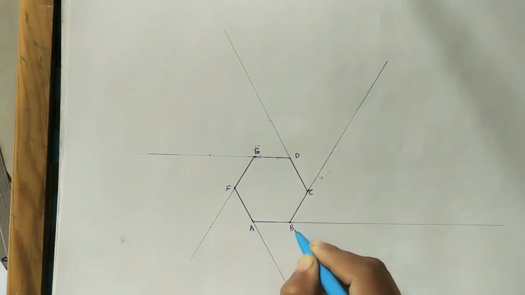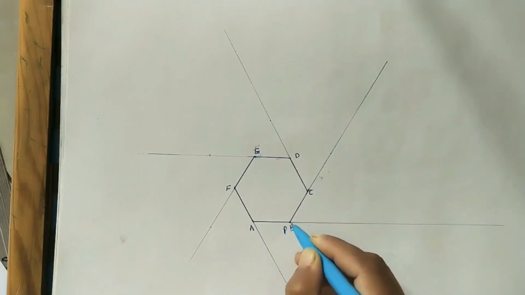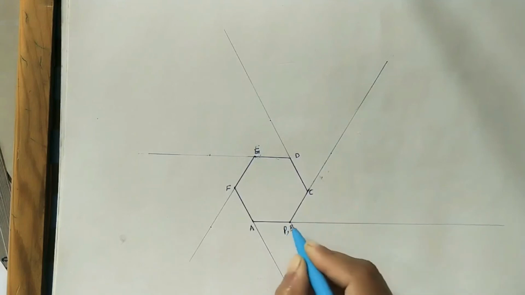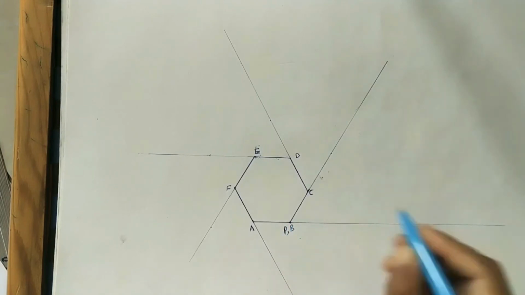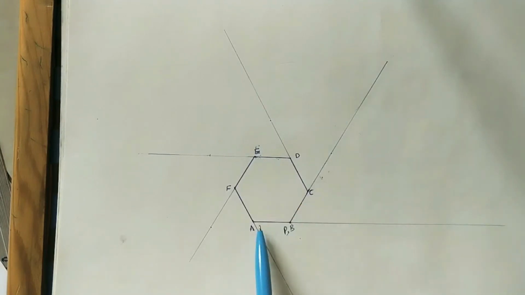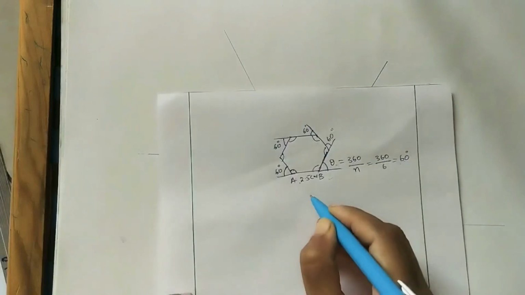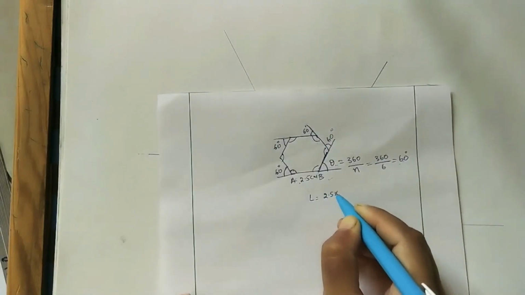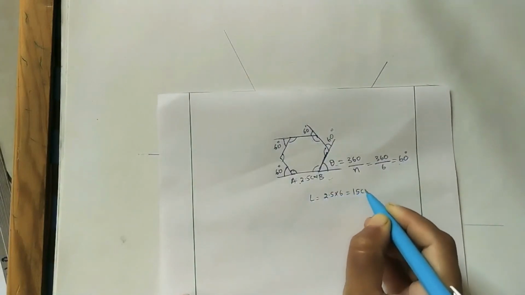The circumference of the circle, that is the P, is the point B. Here to 150 mm we draw the horizontal, that first tangent B2, A2, B2 here, 150 mm. So 25 into 6 is equal to 150.